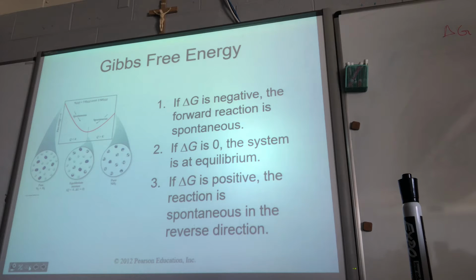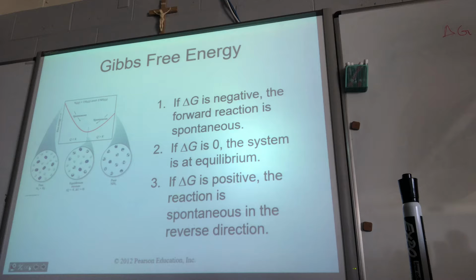If our delta G value is at 0, the system's not moving forward or backward. It's kind of at that equilibrium point. And if delta G is positive, the reaction can be assumed to be spontaneous in the reverse direction of the way that you calculated it. So that also means it's not spontaneous in the forward direction.